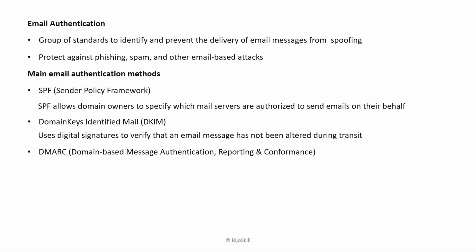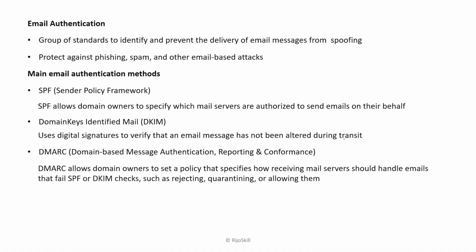Next, DMARC, Domain-based Message Authentication, Reporting and Conformance. DMARC allows the domain owner to set a policy that specifies how the receiving mail server should handle email that fails the SPF or DKIM check, such as rejecting, quarantining or allowing it. So once you put DMARC in place and send email to your receiver, if the receiver fails to verify SPF or DKIM, you tell the receiving email server to reject, quarantine or allow the email.